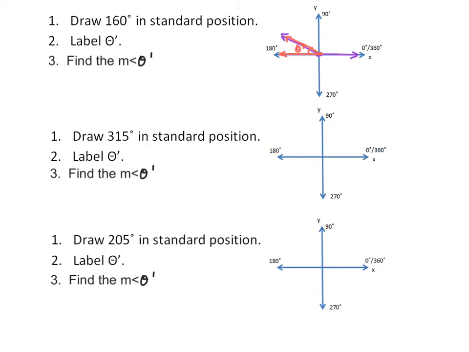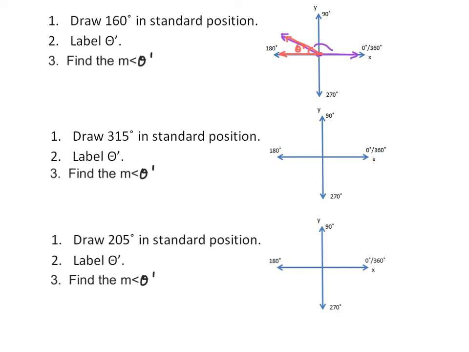Now we could have all sorts of different rules about if it's in this quadrant, you're going to do this. If it's in that quadrant, you're going to do that. I kind of like to use more common sense, I guess, when we are trying to find these.